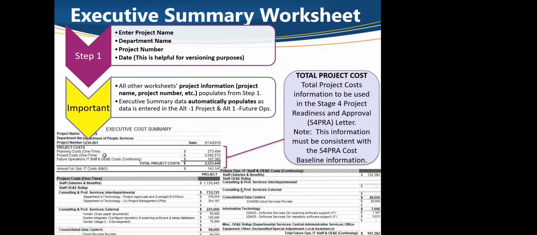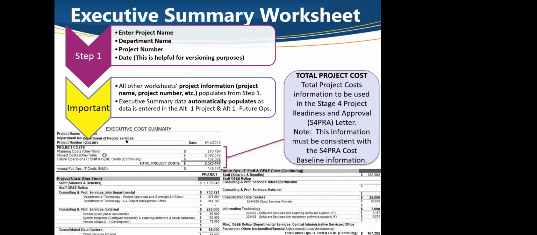So if all of you have your FAW blank for the exercise, now would be a good time just to open it up and start with this area right here, step one, and enter the project name, department name, project number, and date.